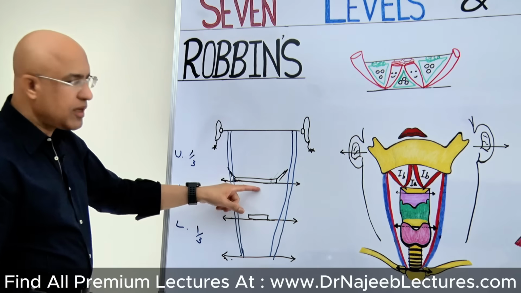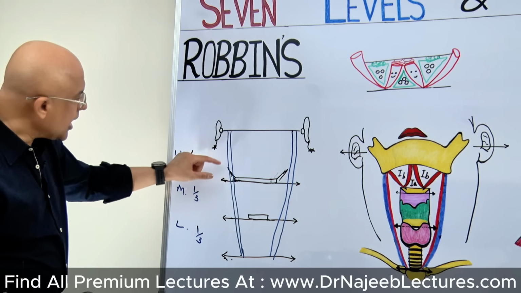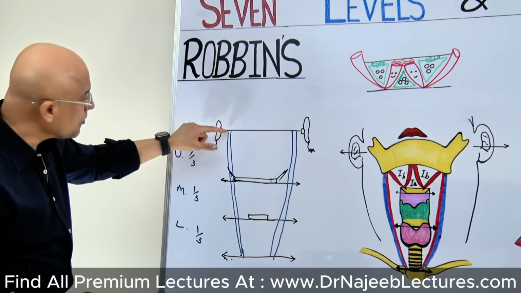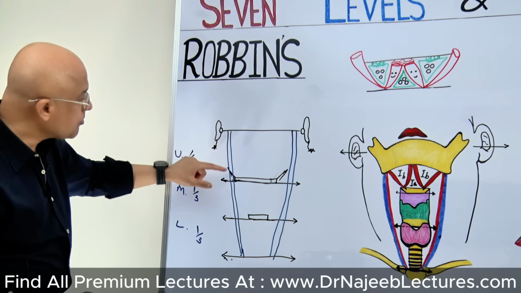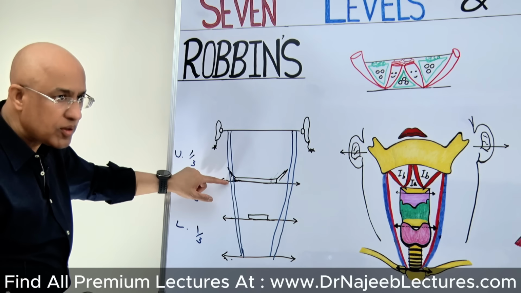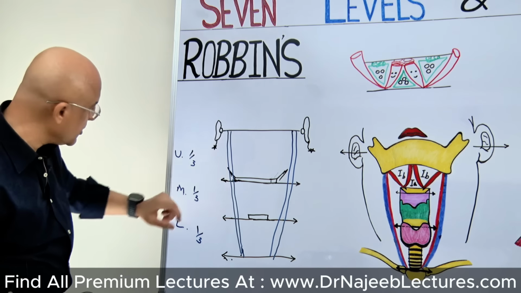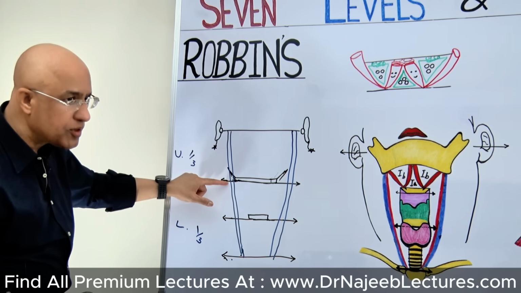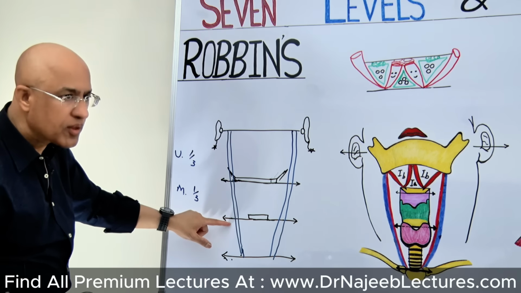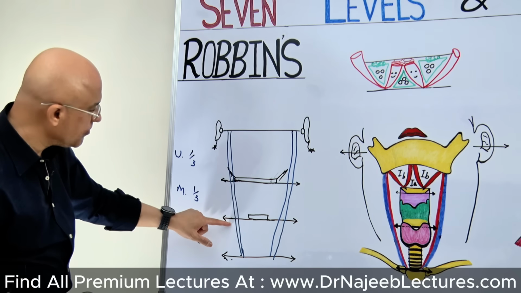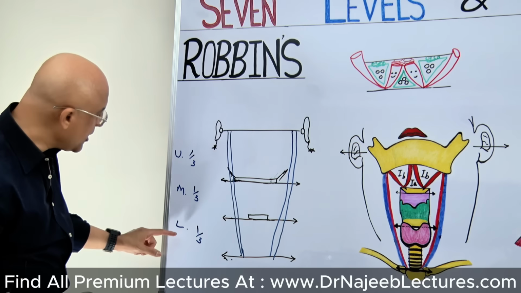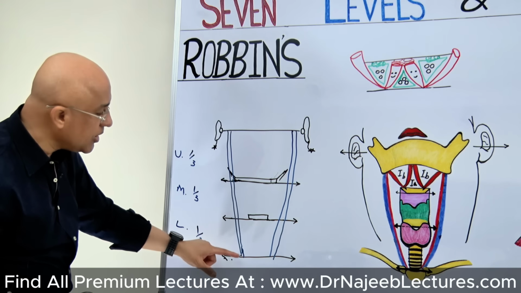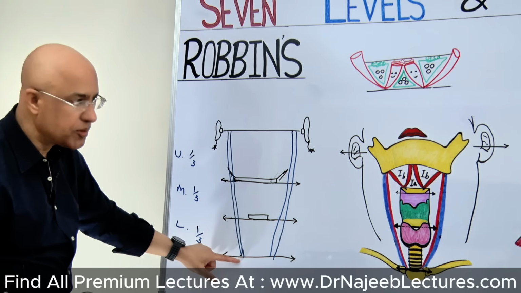With anatomical landmarks, the upper one-third of the internal jugular vein is from the base of the skull up to the inferior border of the hyoid bone. Middle one-third is approximately from the inferior border of the hyoid bone up to the inferior border of the cricoid cartilage. And lower one-third is from the lower border of the cricoid cartilage up to the clavicles and manubrium, right?